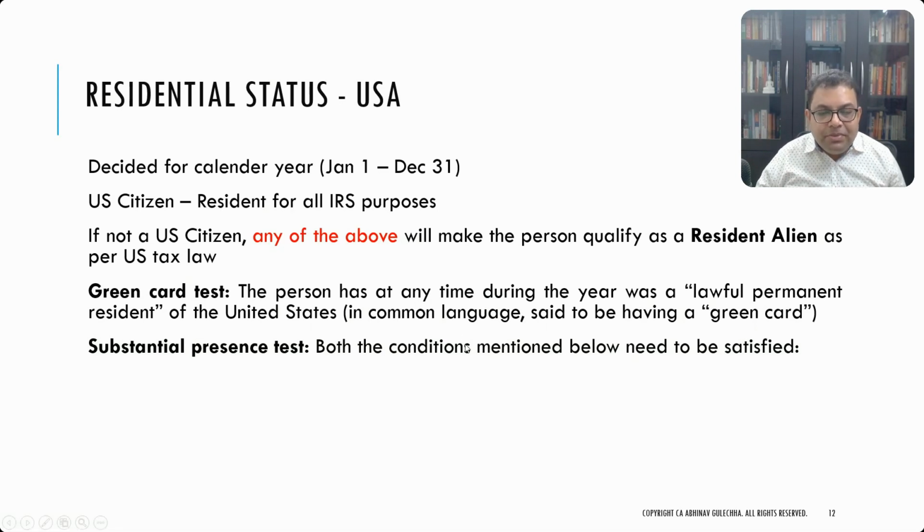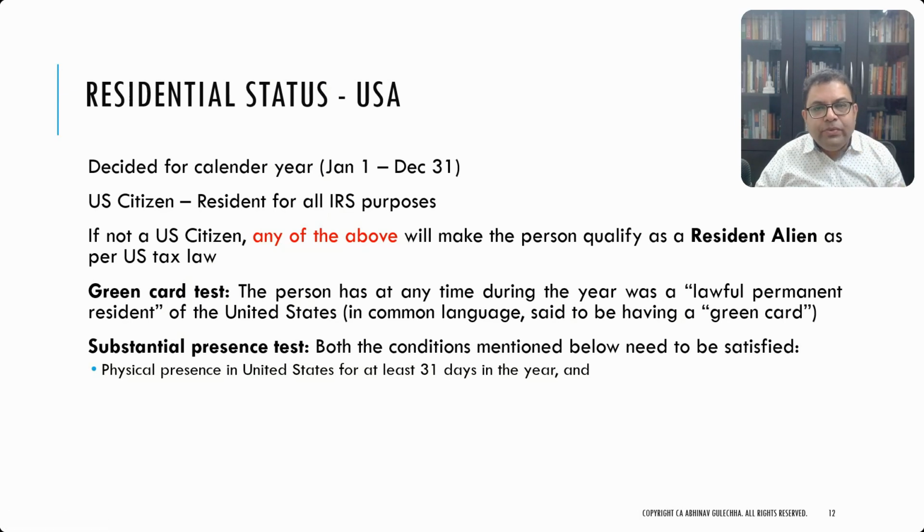Now the substantial presence test says both the conditions mentioned below need to be satisfied. What are the two conditions? First, physical presence in the United States for at least 31 days in that year. For example, in 2023, you need to be in the US for at least 31 days in that year.